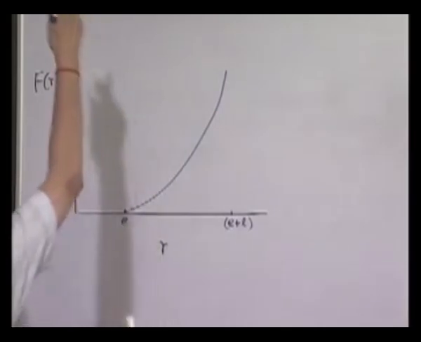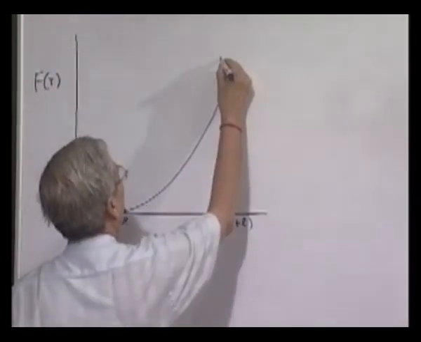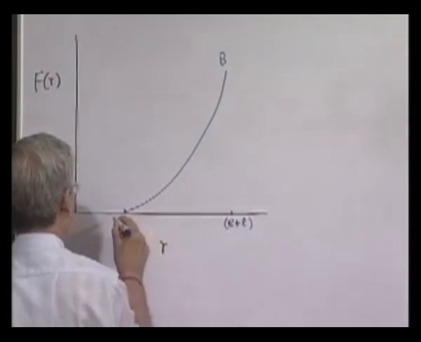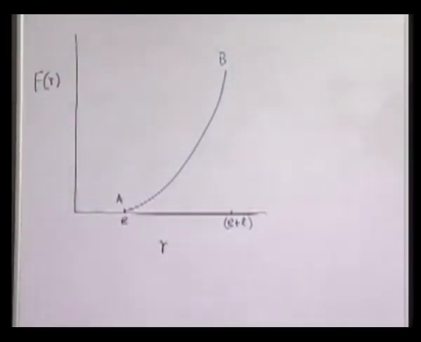It tends to become infinite. And this is the control force curve for the Porter governor with this kind of configuration.